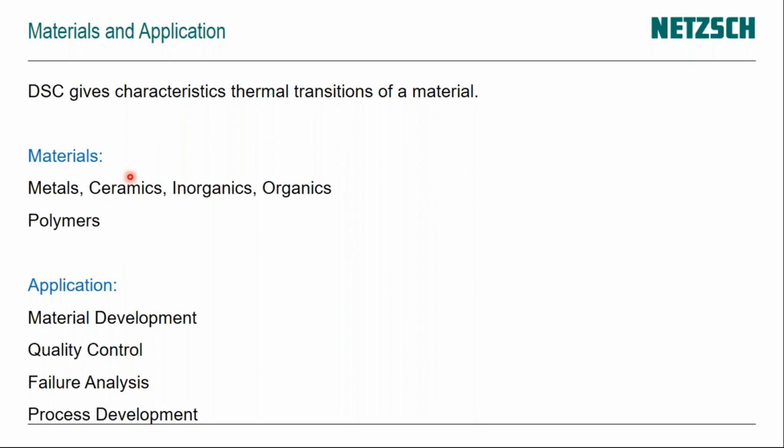For example, for metals, we do have a separate product segment, which is a high temperature DSC, which can go up to 2000 degrees, mainly for metals and alloys. From an application point of view, mainly for research, material development, quality control, failure analysis, and also to look into process development. So these are some of the application areas of the DSC.